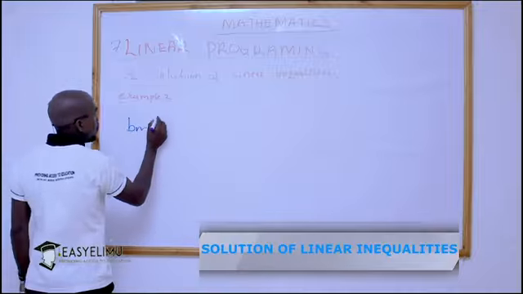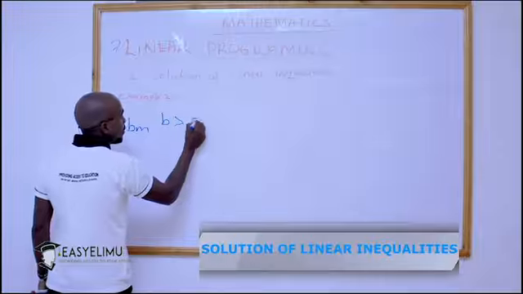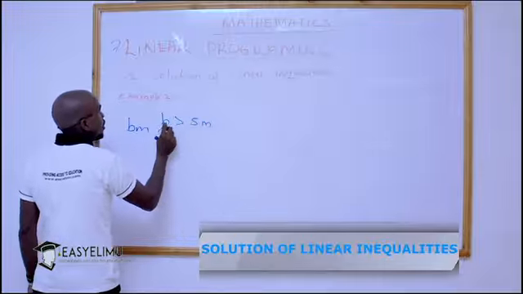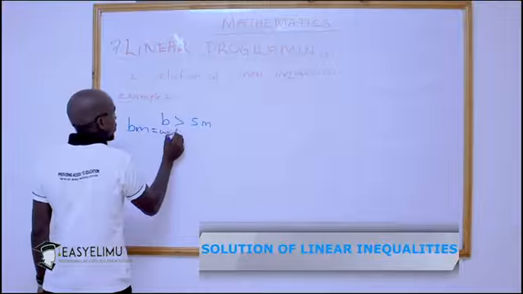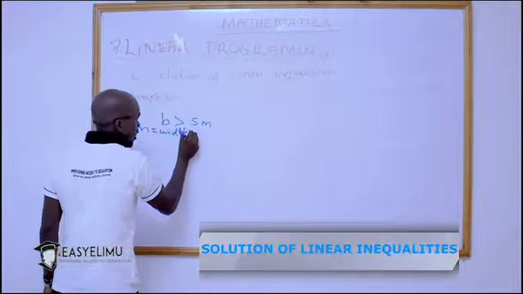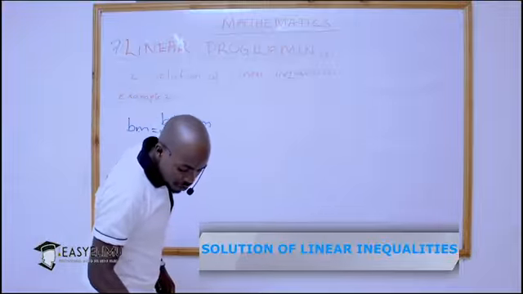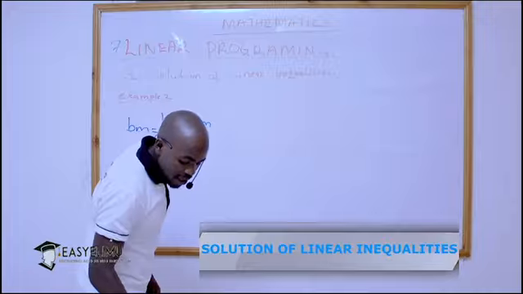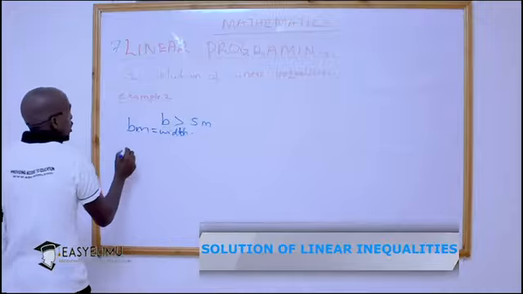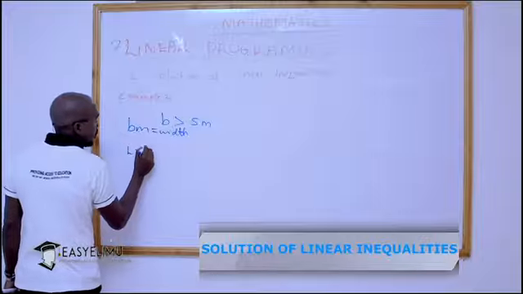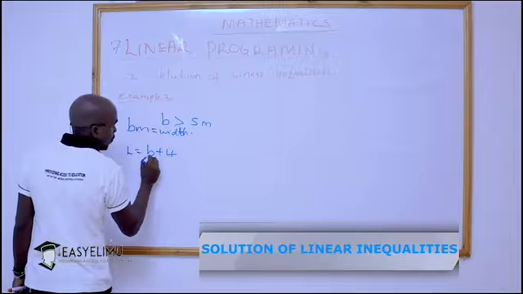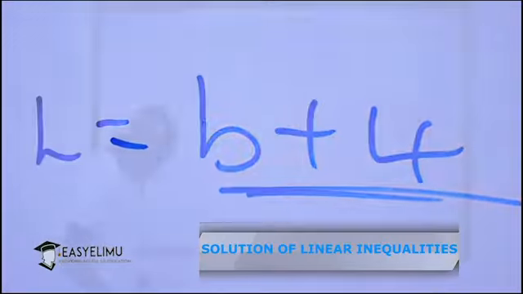So b is greater than 5 meters. If b is the width, we can finally say that the length of the room is 4 meters more than its width. So if b is the width, then the length is equivalent to b plus 4.